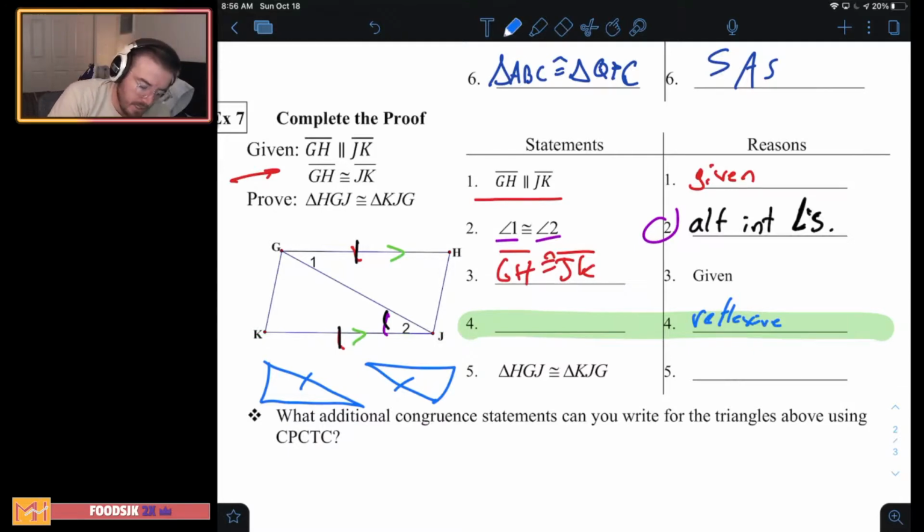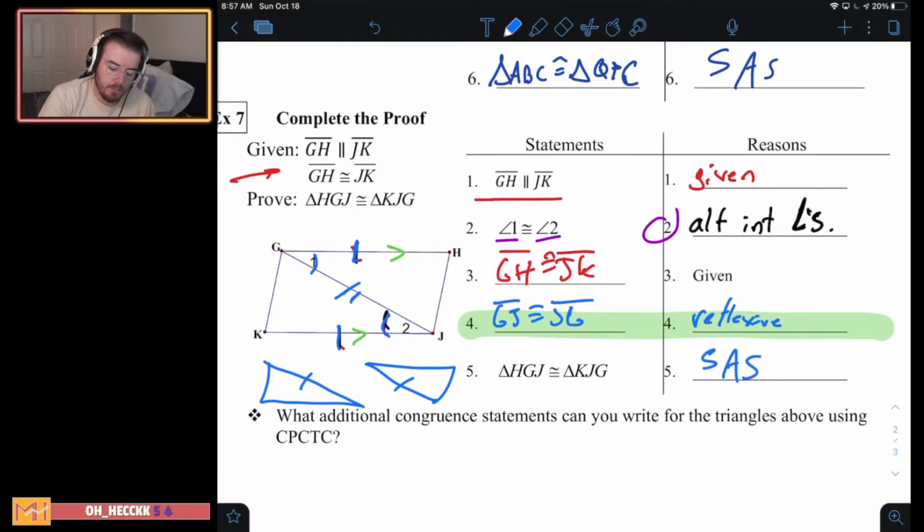So we know that GJ is congruent to JG. We know it's congruent to itself. And now that we've shown that second side to be congruent, we have a side, an angle, and a side, SAS.